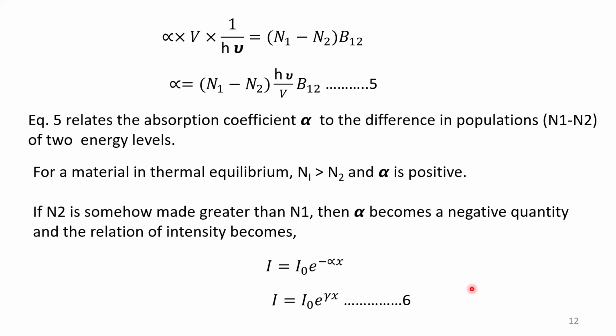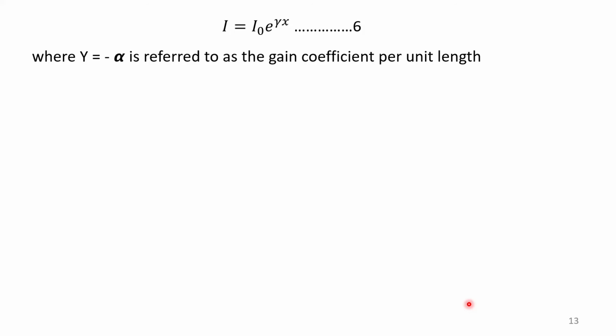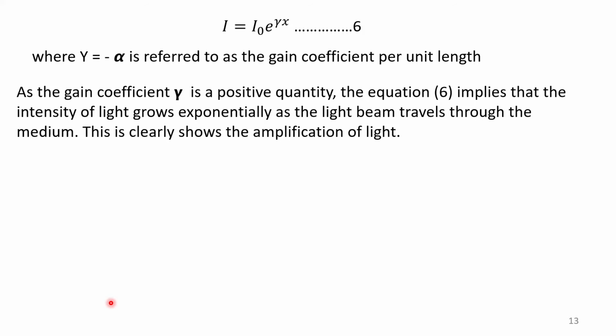Now if we write this equation as I is equal to I0 into e raised to gamma x, where gamma is equal to minus alpha, which is referred to as the gain coefficient per unit length. That means instead of minus alpha, if we write gamma, then this gamma indicates the gain coefficient.